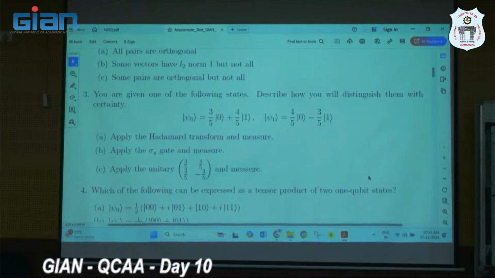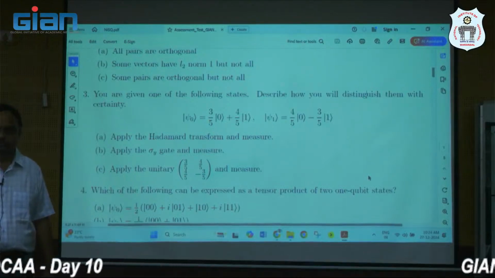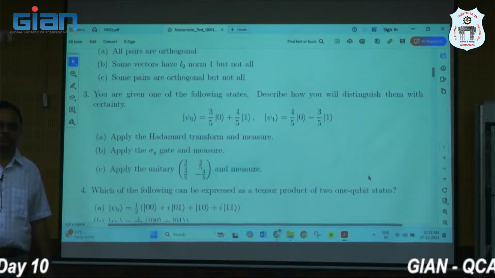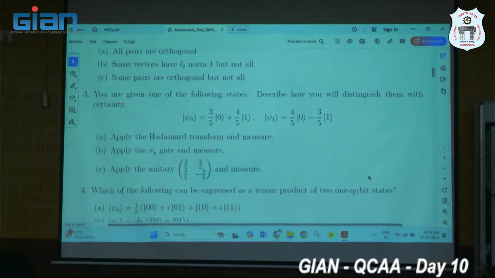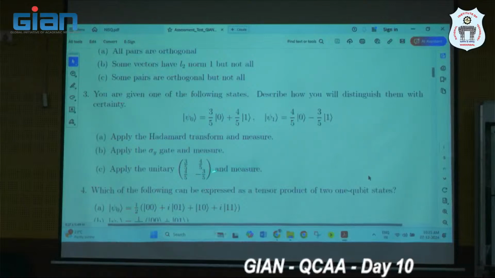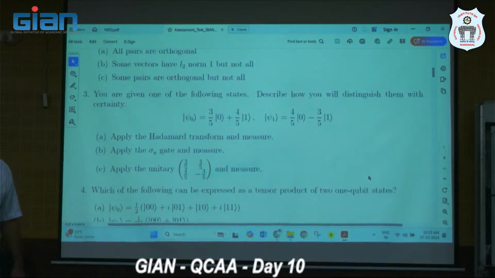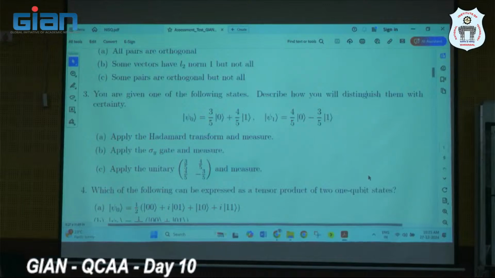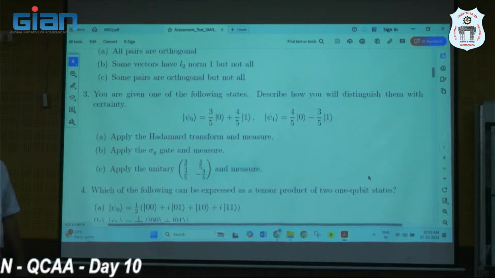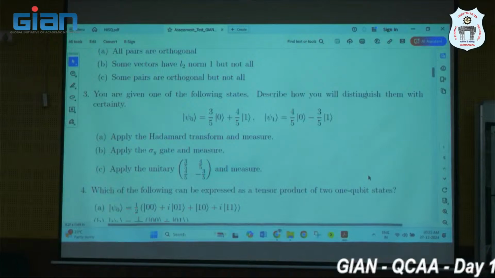What is the column vector? 1 0, correct? Then apply this unitary on psi 1. What is the column vector you get? 0 1. So in one case you get 1 0, which means ket 0. In the other case you get 0 1, which is ket 1. So you can apply this unitary and measure, and you will get distinct outputs. Clear? Any questions?